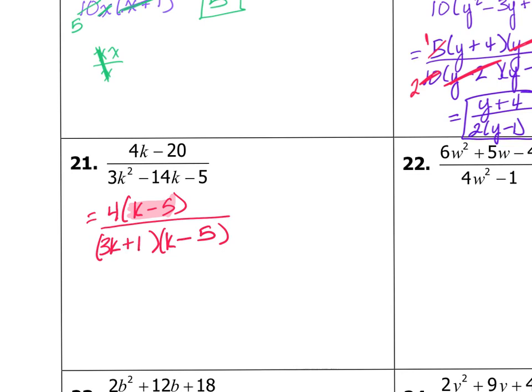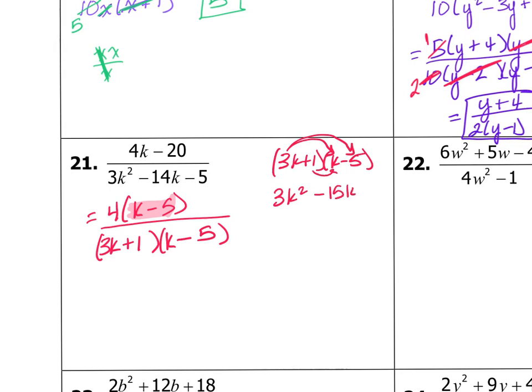Well, how do we check to see if that's right? Well, we're just going to multiply it out. So I'm going to come over here and say 3k plus 1 times k minus 5. And I'm going to multiply it out and see if it's right. So I have 3k times k is 3k squared. And 3k times negative 5 is negative 15k.